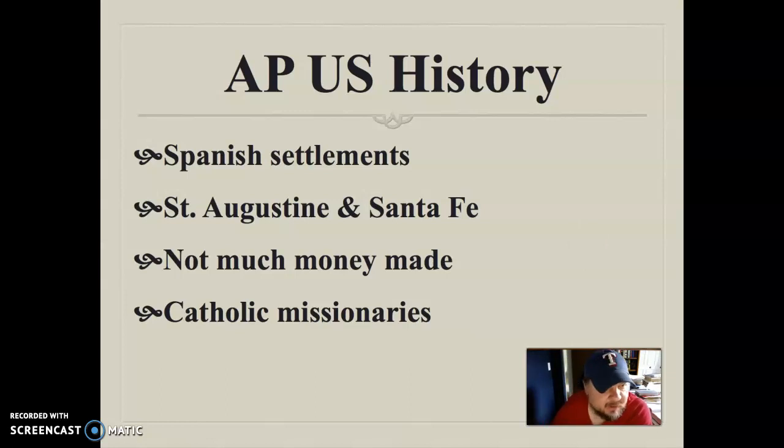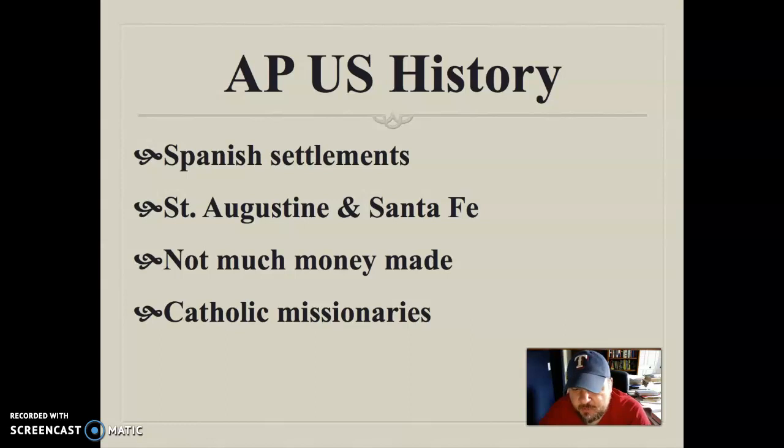And there was a distinct difference in the way that Native Americans in North America were treated in the Spanish colonies, as opposed to the way the Spanish had treated the Native Americans in South America and Central America. And really the major reason why is because there was no money to be made from those Native Americans.